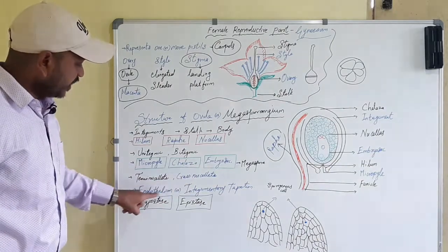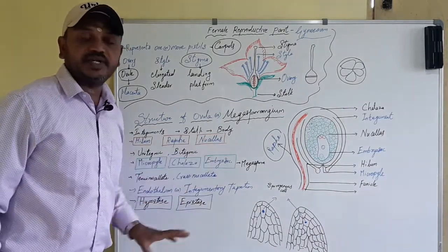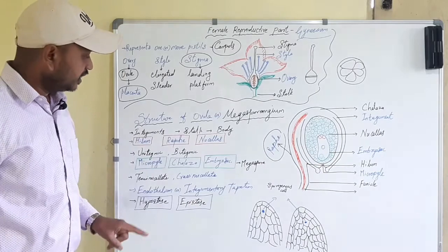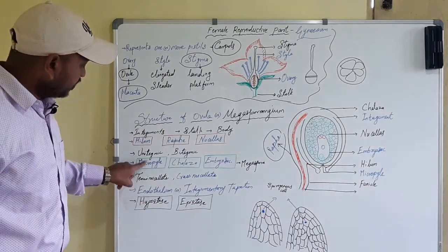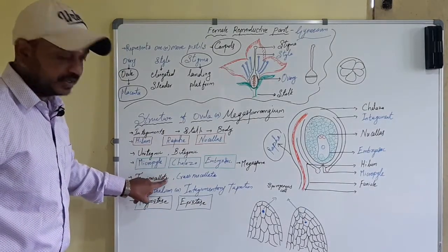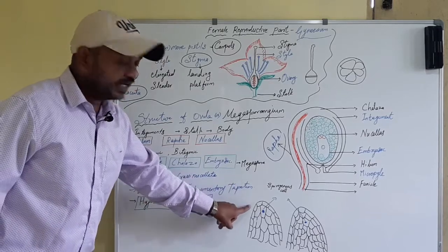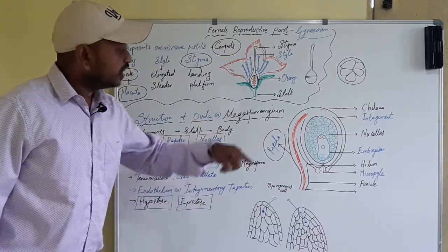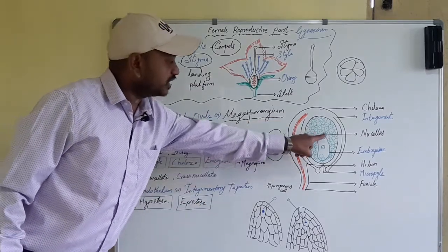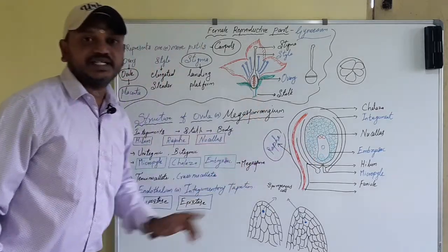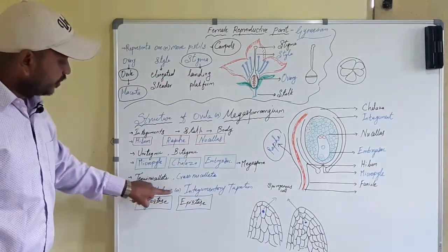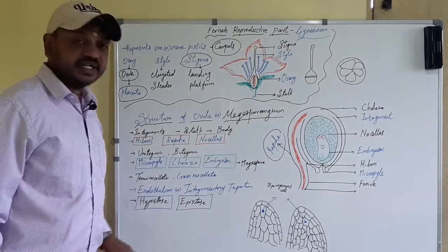This is called endothelium or integumentary tapetum. Define endothelium: in the unitegmic tenuinucellate type, the integument which serves as a nutritive tissue for the growing embryo sac is called endothelium or integumentary tapetum.